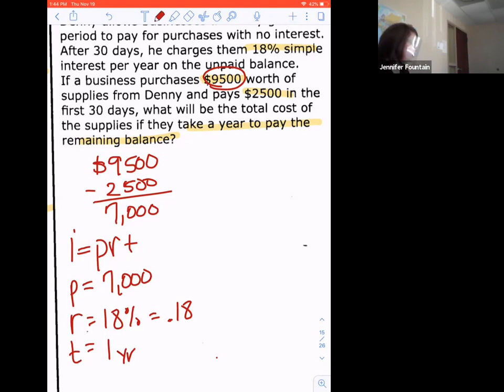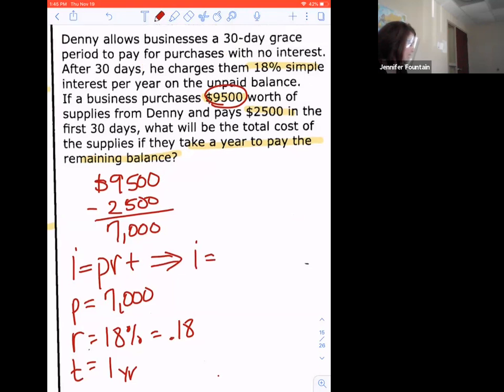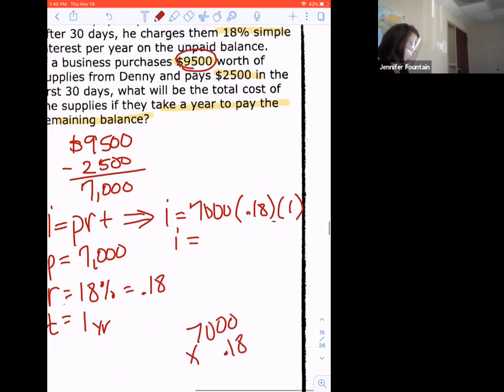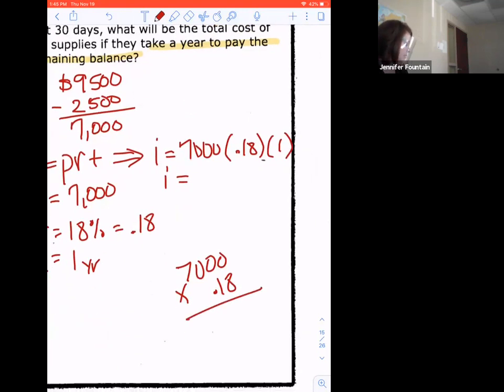So that means if I use my I equals PRT formula, I is equal to 7,000 times 0.18 times 1. So I is equal to, if I've got 7,000 times 0.18, I know I'm going to have 0, 0, 0. 7 times 8 is 56.